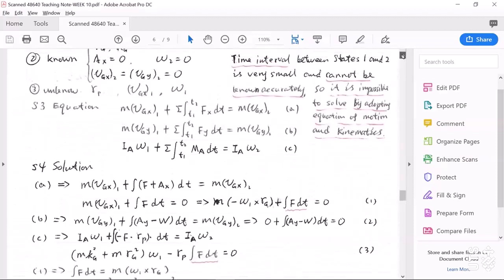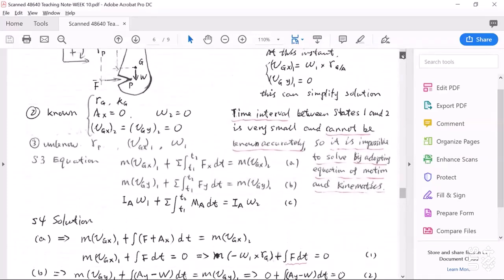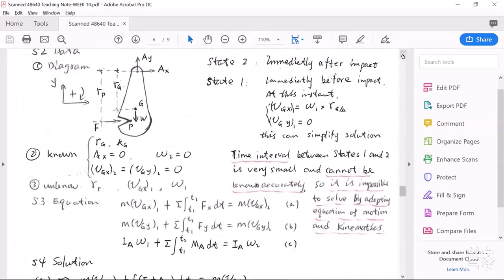Look at this diagram. You can see about point A, Ay, Ax, W, all these, their moment arms are 0. Only F should be considered, and the moment arm of F is Rp.